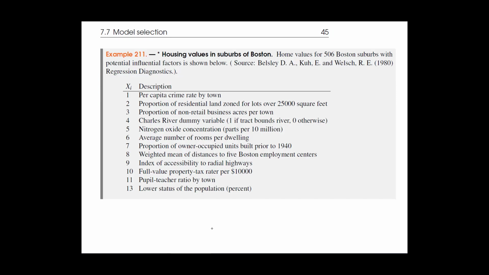All right, so let's look at this data set, which is about housing values in Boston. These are all your x variables. Your y variable is going to be the price of the house. You might want to pause the video and read what all these variables look like.